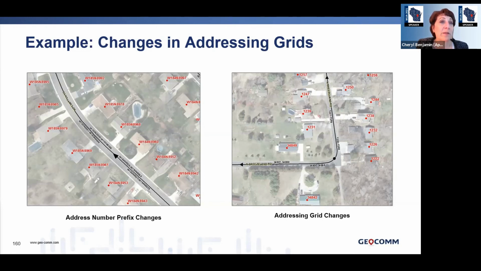Now in the right example, in this system, we have a local grid system. It doesn't include any of the directionals, but it's still a local grid system. The road that is shown on the screen is all the same road name, North Breezeland Road. But you'll notice when the grid addressing changes, there are much different address number ranges.